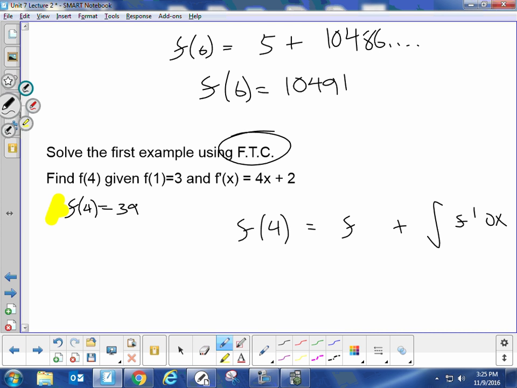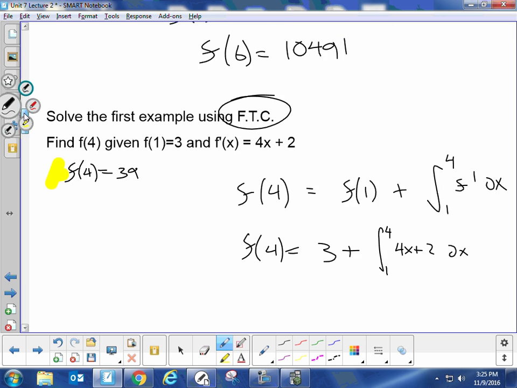If I had a calculator, boom, I don't have to take the antiderivative. I can just plug some stuff in and go from there. F of 4 is equal to F of 1 plus the area from 1 to 4 under F prime. So F of 4 equals 3 plus the integral from 1 to 4 under 4x plus 2. Now, of course, you could do this either way. But the other one could only be done using your calculator because we don't know how to take the antiderivative of that.